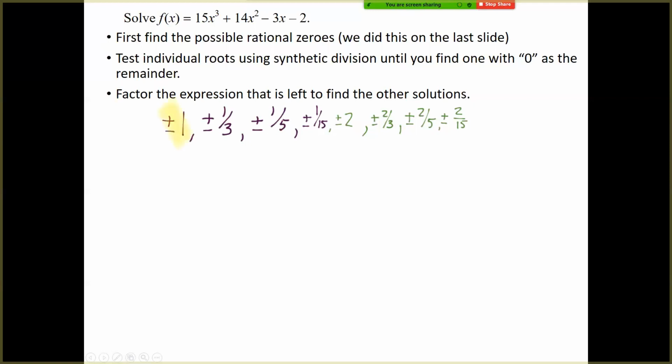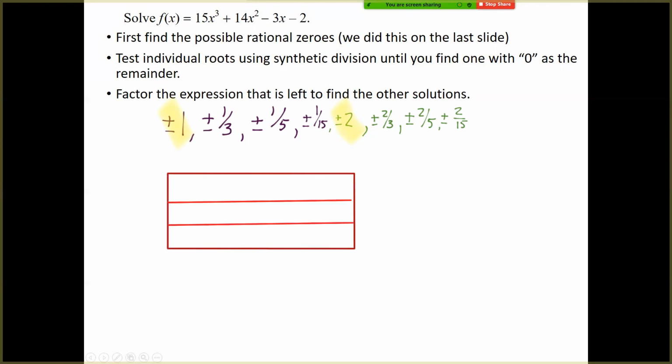So when I use synthetic division, I'm definitely checking the 1 and the 2 first. Hopefully we'll find one that works before that. When we use synthetic division, we want to have these numbers across the top for our coefficients. You have the original problem on the last slide, so you don't have to copy it back.